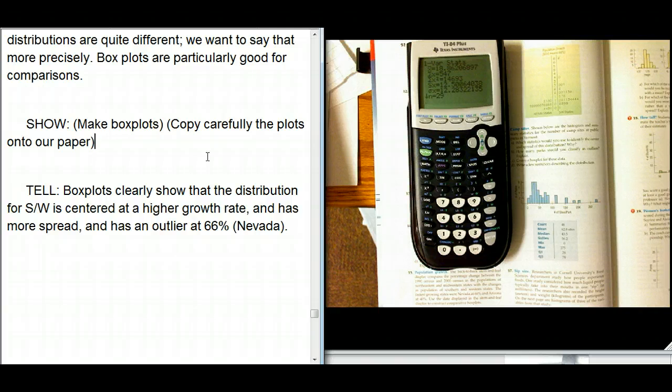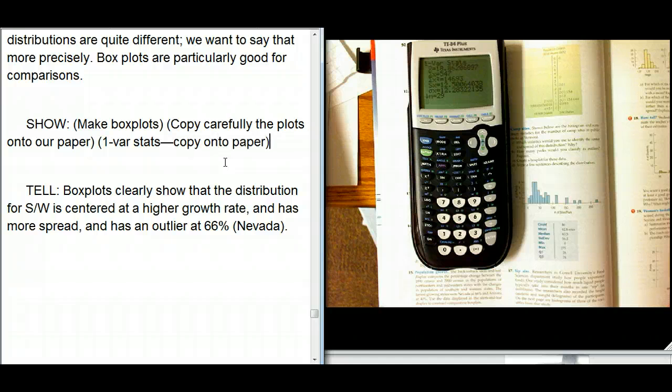Okay, so we can also look at one-var stats, and of course I would really copy those onto the paper and report them carefully, label them carefully as what they are. And then I could go down here and say that for the Northeast Midwest, we can use mean and standard deviation as useful descriptors.